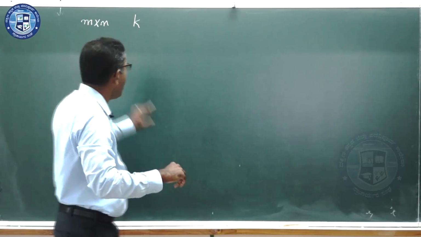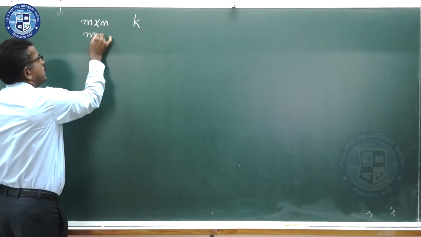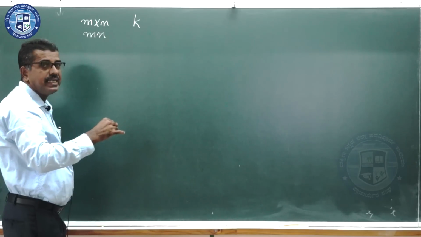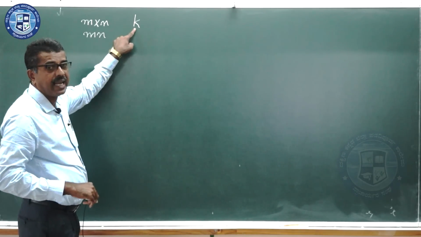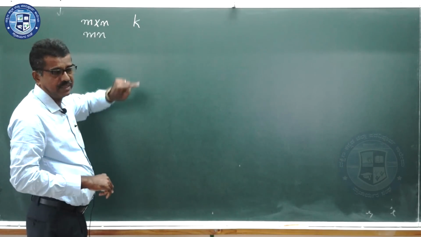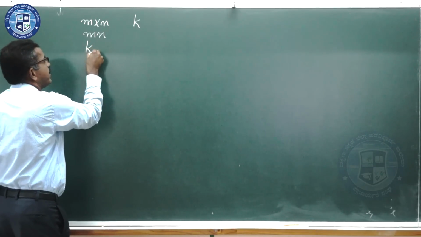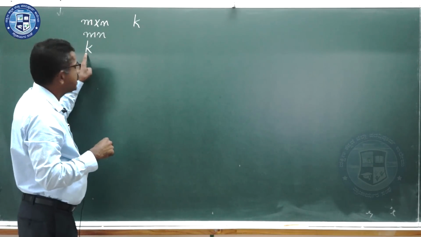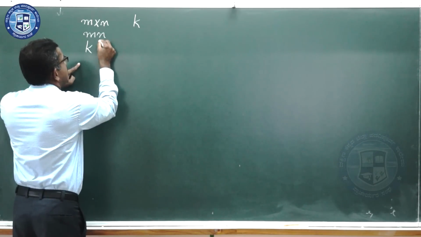The total number of elements is m into n, and each entry can be one of the k elements, because there can be only k possible elements. Therefore each entry can be written in k different ways. This is the first entry; it can be written in k ways. The second entry can also be written in k ways.